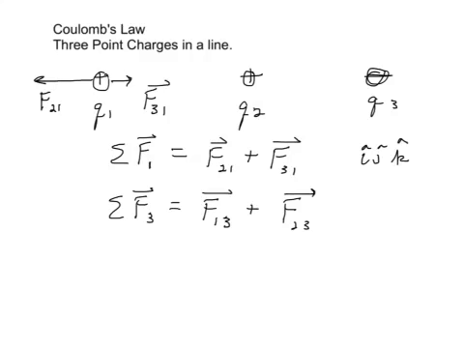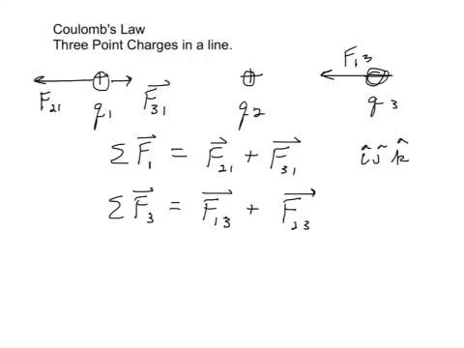So let's draw those vectors in so we can see what we're looking at. The force of 1 on 3, what is that? That's an attractive force, because 1 is positive and 3 is negative. So that vector is going to be in this direction, and I'll call that F of 1 on 3.